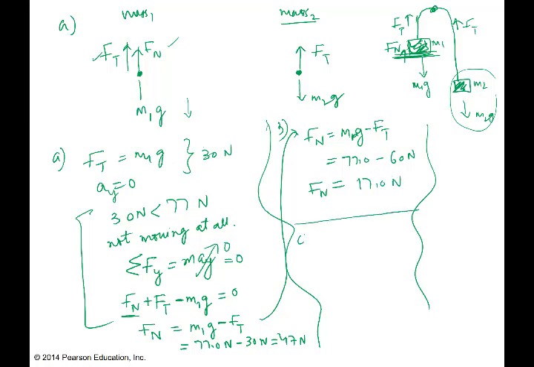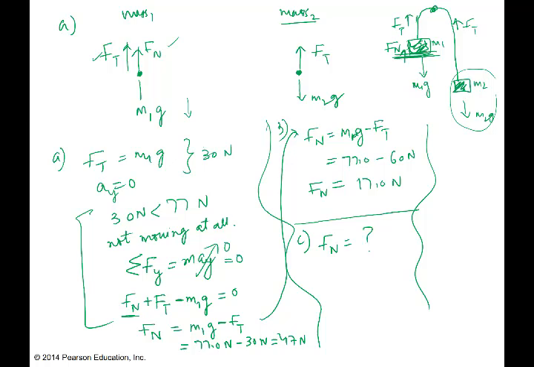Now for part C, the scenario is different. What will happen to normal force? Since the hanging weight has more weight than the box on the cable, the box on the table will be lifted off.